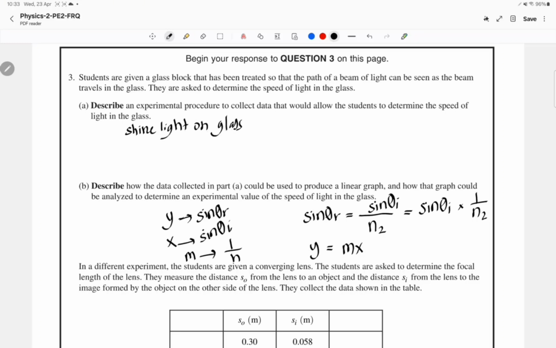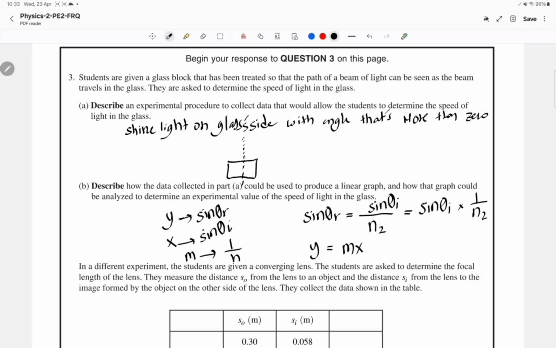But of course, you have to go on the glass's side with an angle that is obviously not 0, an angle that's more than 0. Of course, the angle reference here is the normal, right? So this is the glass, and that's the normal line.